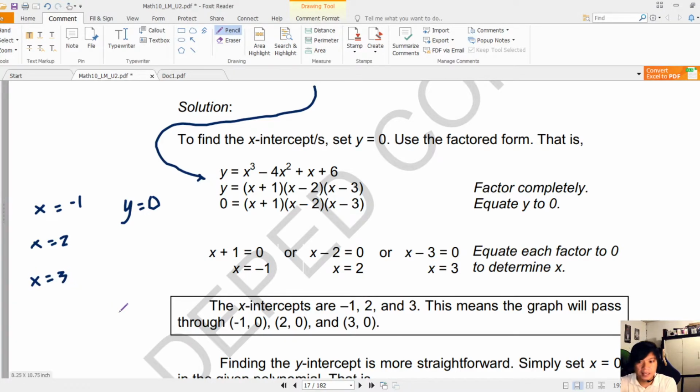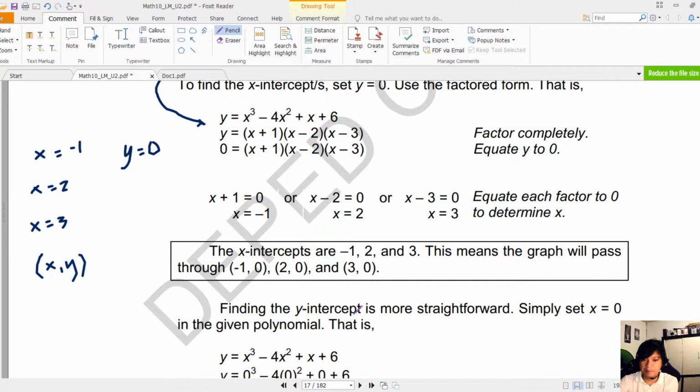Now, in point naman, di ba, kailangan natin ng x and y sa point. So, ibig sabihin, itong first pair, negative 1, 0. Second pair is 2, 0. 3, 0. So, if we're going to convert the x-intercepts, itong negative 1, 2, 3 into point, iset lang ninyo yung y into 0.